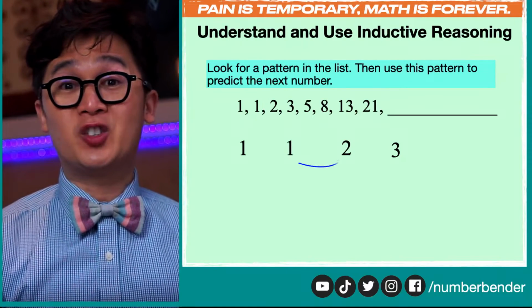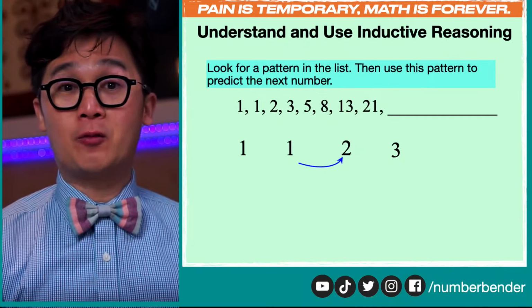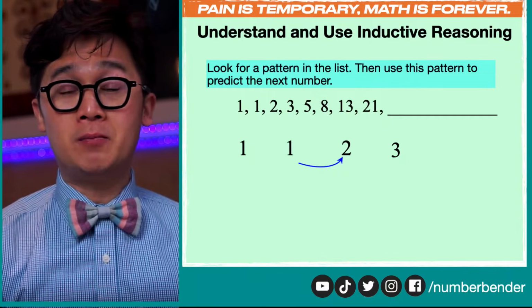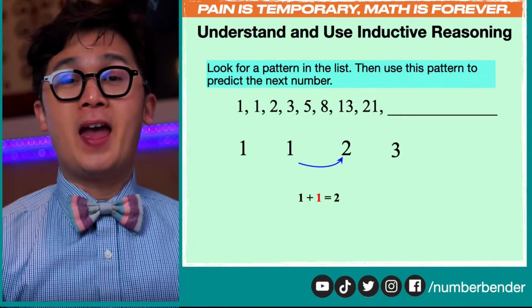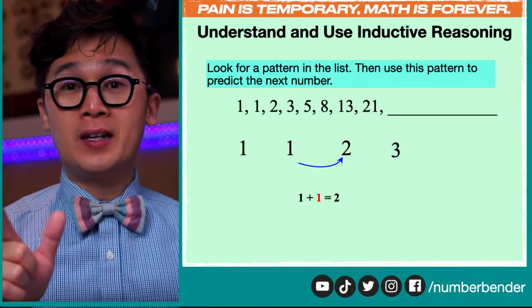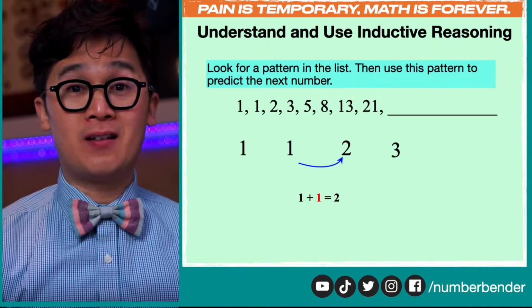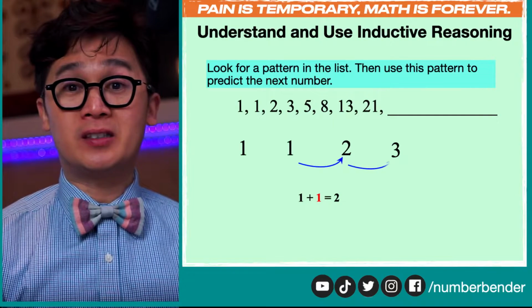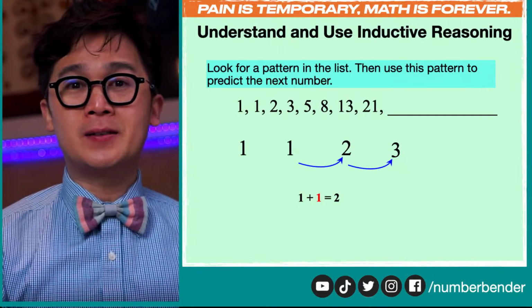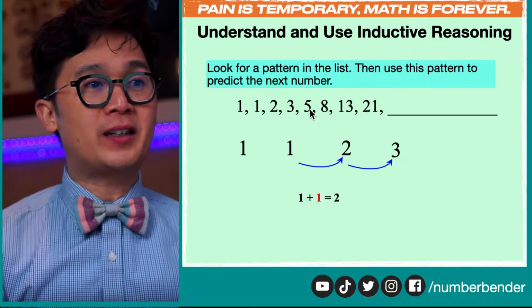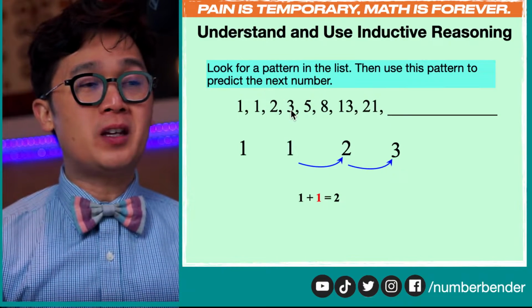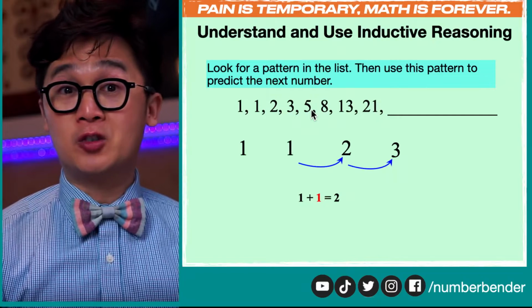So let's check. If we add 1 and 1, the first term and the second term, we get 2. And to get to 3, we add the previous two terms, and 1 plus 2 is equal to 3. So for the number 5 right here, 2 plus 3 is actually 5.